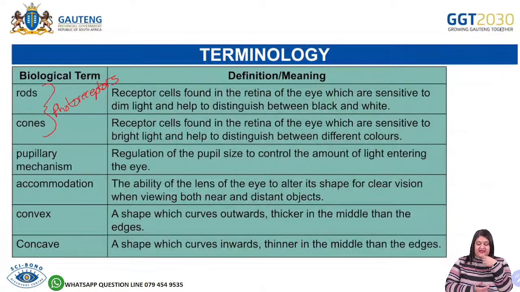And then we have accommodation. It's the ability of the lens of the eye to alter its shape for clear vision when viewing both near and distant objects. Then we've got convex. It's a shape which curves outwards, thicker in the middle than the edges, and concave, it curves inwards and it's thinner in the middle than the edges.